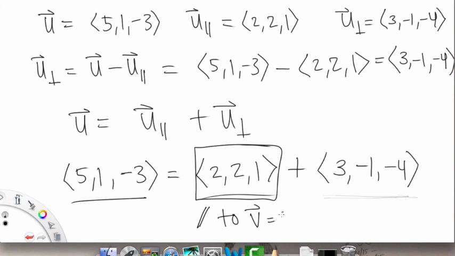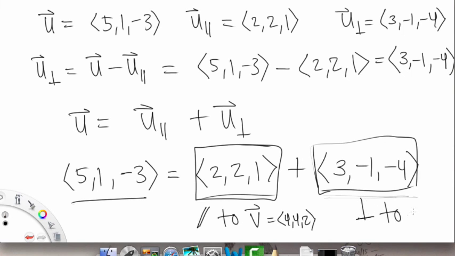So as we can see here, our (2, 2, 1) is parallel to (4, 4, 2) because it is a scalar multiple of it. It's 1/2 of v, right? So this is parallel to v, and then this part happens to be, because it adds up with it to make our original vector, perpendicular, aka orthogonal, to our vector v. Okay? So these are very particular to the problem.